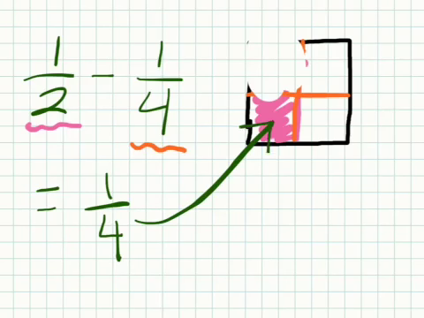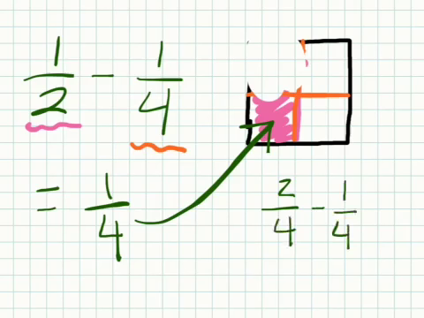Now, in order to do this, what you were really thinking of is, how can I pretend that 1/2 is actually some amount of fourths so that I can take one of them away? And in your head, you probably knew the equivalent fraction to 1/2 was 2/4. So basically what you did was 2/4 minus 1/4.